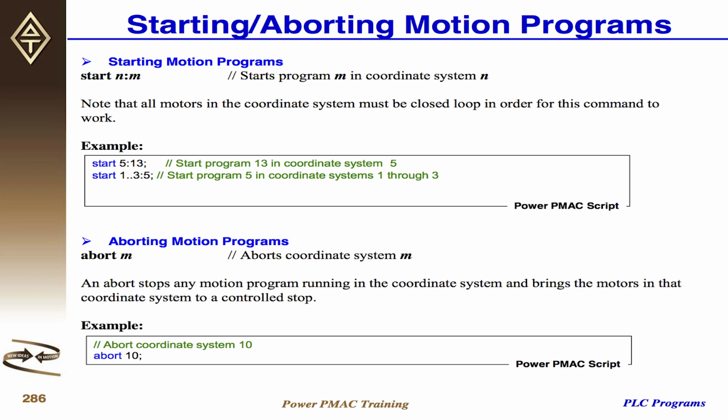So it's a lot more safe to use. You can also specify an abort deceleration for each motor, which is different than the deceleration used in the motion program itself. I forget the structure name at the moment, but I can look it up for you later.